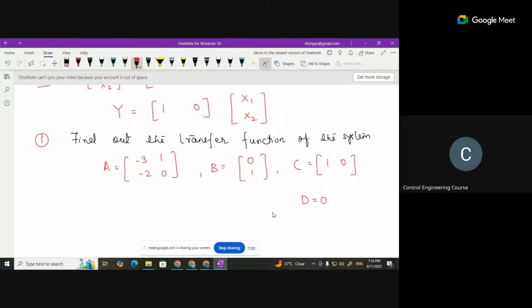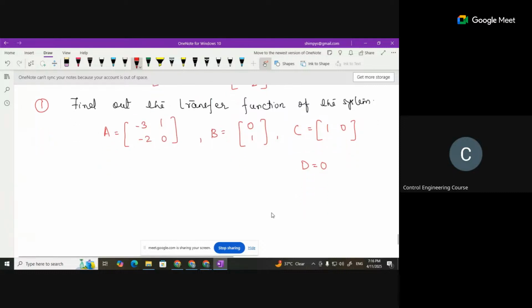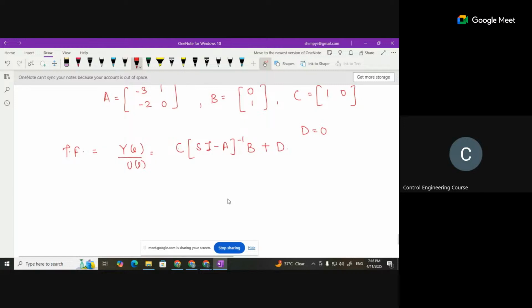So how to find out the transfer function? What is the expression? Y(s)/U(s) or C(s)/R(s), whatever notation we are taking, that is C (sI - A) inverse B plus D. This is how you find out your transfer function, correct?